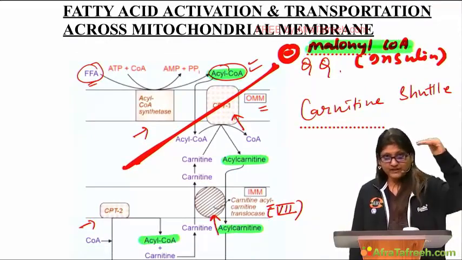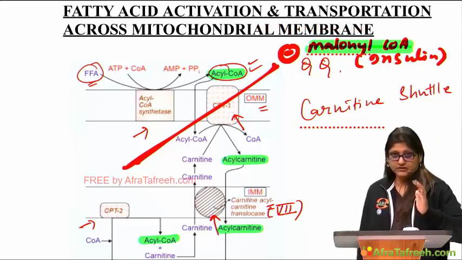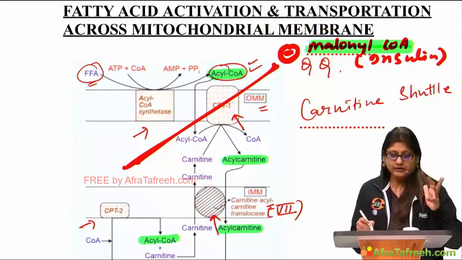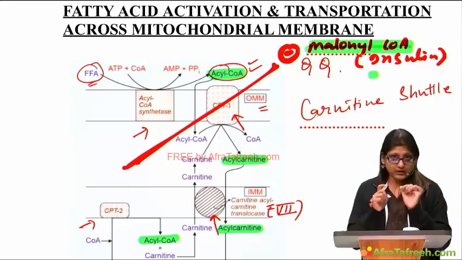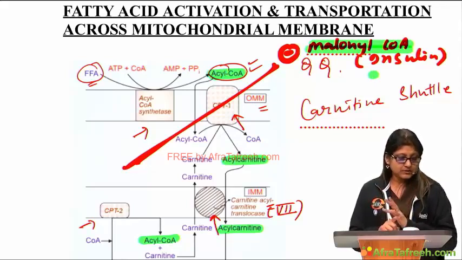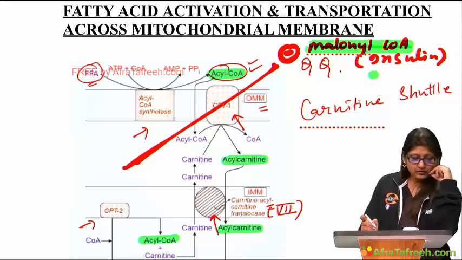So whenever fatty acid synthesis is taking place in the cytosol, its transport across the membrane is automatically inhibited. Why? Via inhibiting CPT1. Malonyl-CoA is the inhibitor of CPT1, and this is the reason insulin does not allow fatty acid beta oxidation and ketogenesis to take place. Right? Okay, malonyl-CoA.